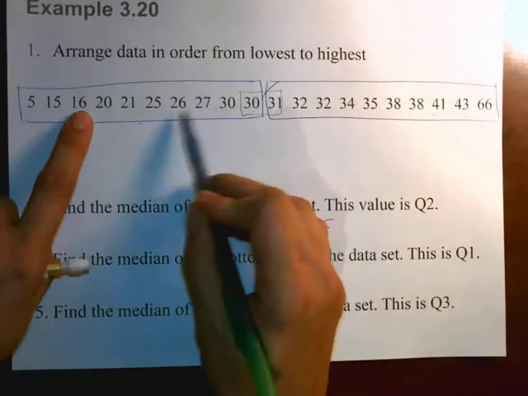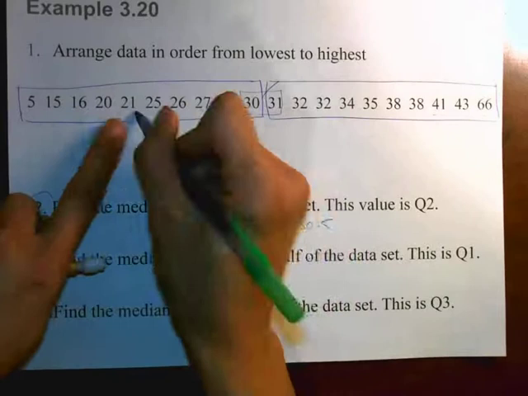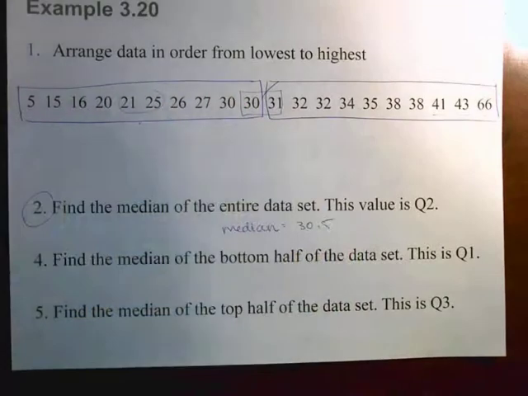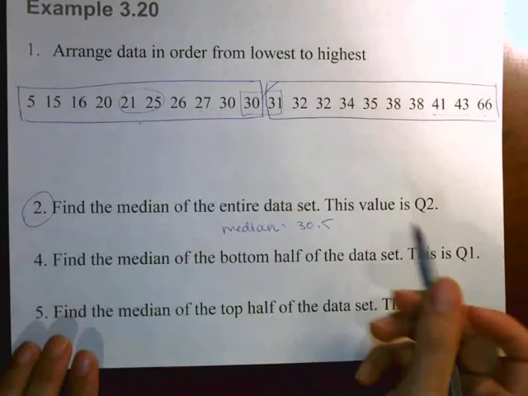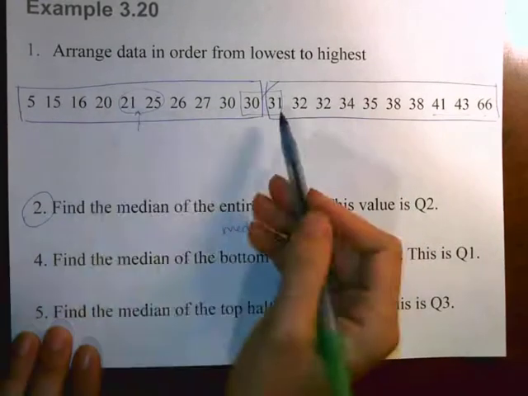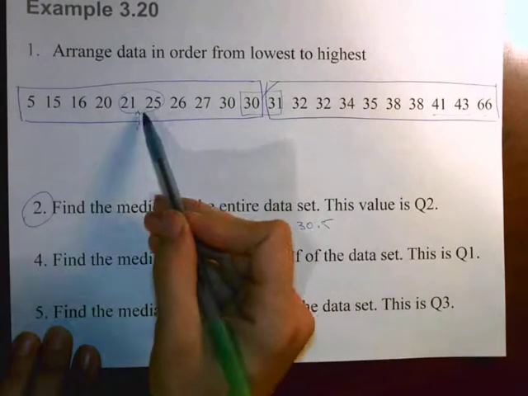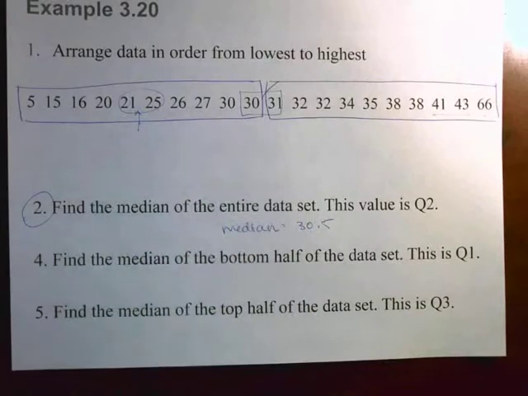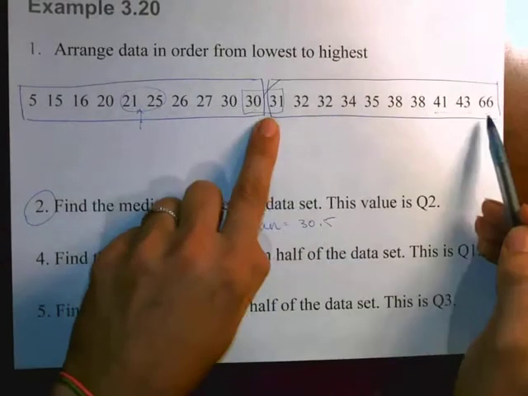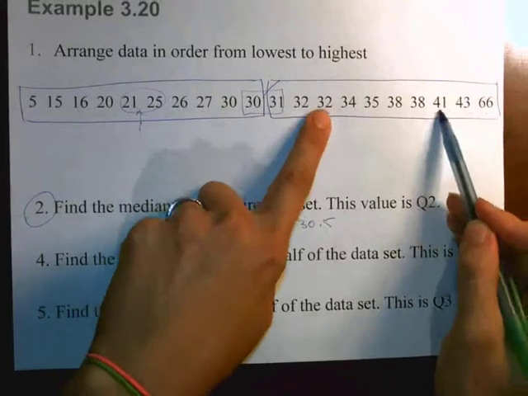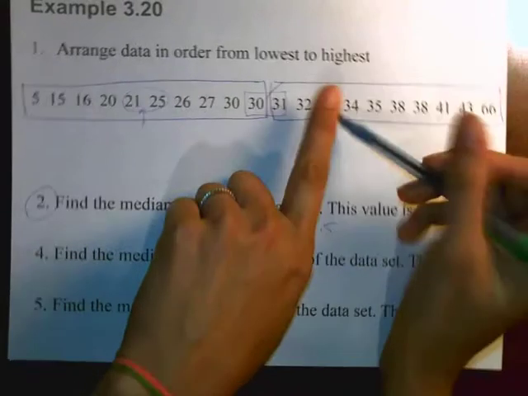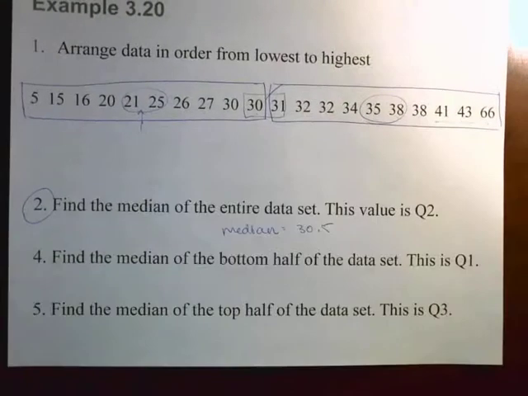So the median of the bottom half, I have 1, 2, 3, 4, 5. There's my 2 numbers that are in the middle. So the median of these 10 numbers is the number between 21 and 25. And the median of these 10 numbers, 1, 2, 3, 4, 5, is the average of 35 and 38.